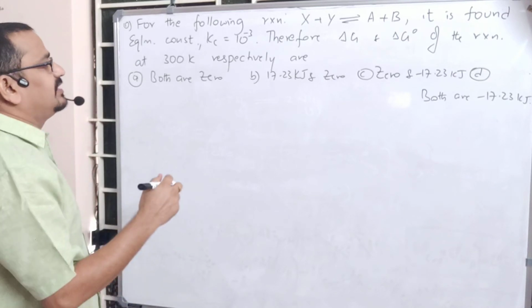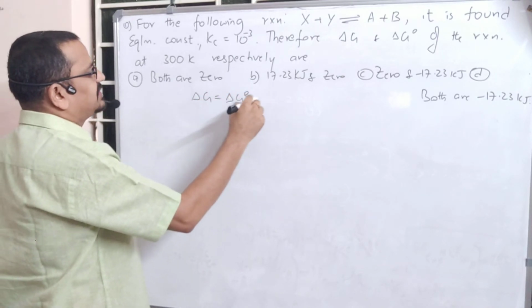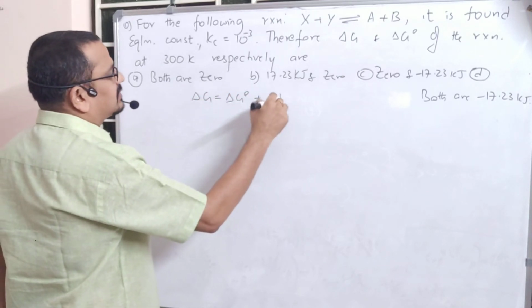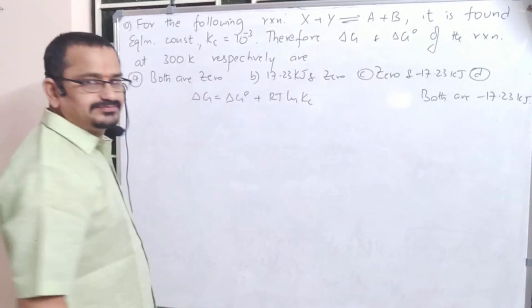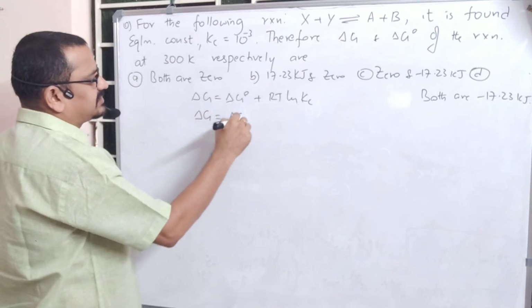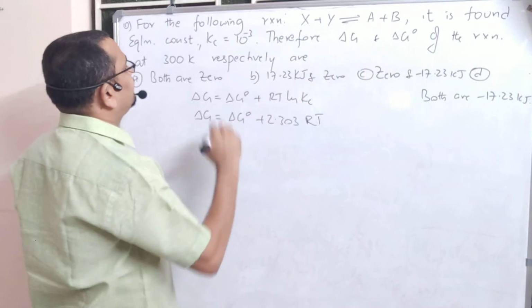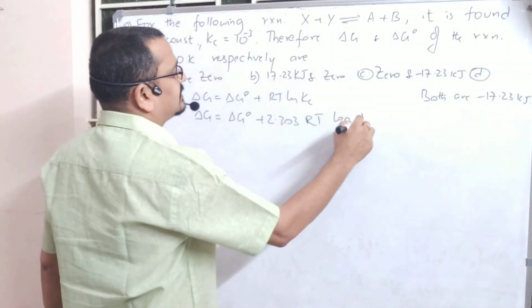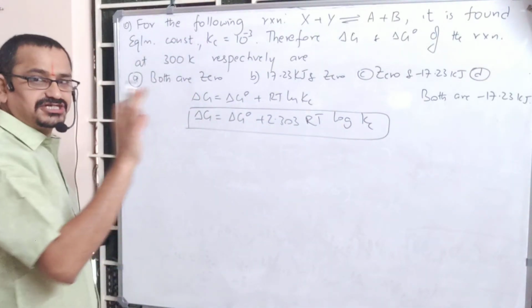We have delta G equals delta G naught plus RT ln Kc, or delta G equals delta G naught plus 2.303 RT log Kc. This is the relation between Gibbs energy and standard Gibbs energy change.